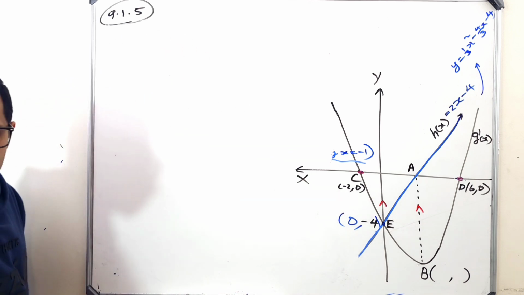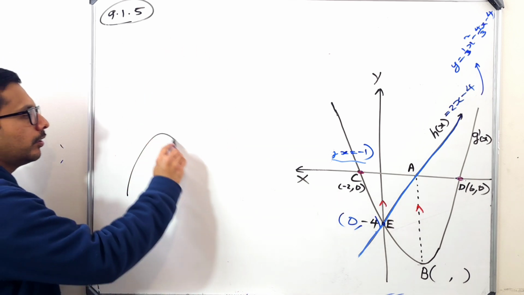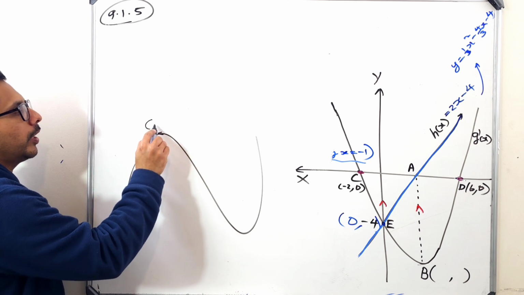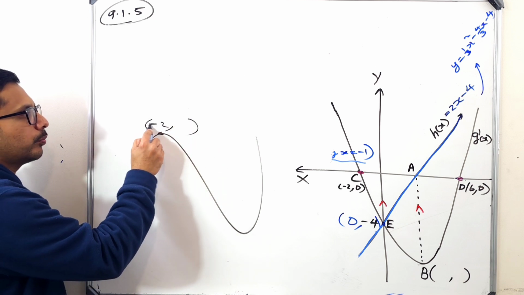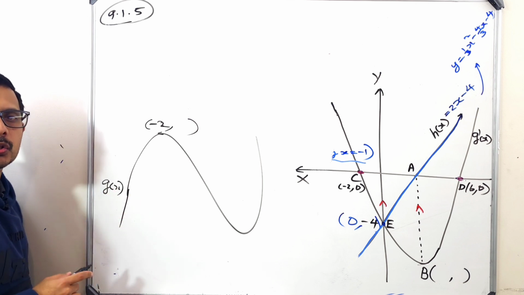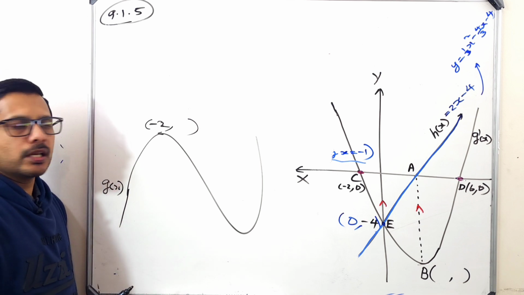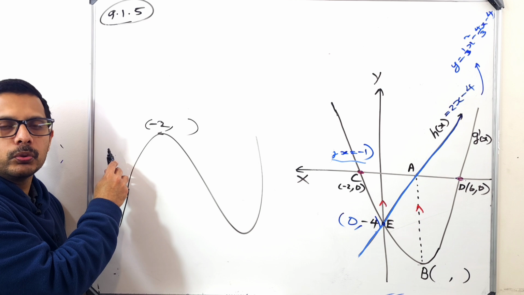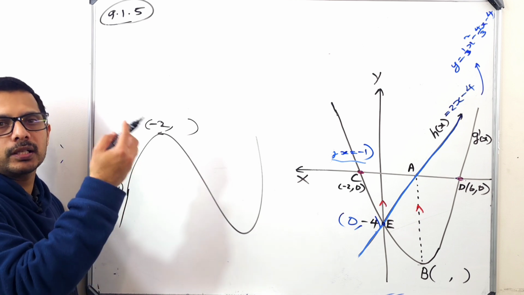There is no need to write all these essays. You can write it like this. You know what you are supposed to prove? You have to prove that x is equal to minus 2 is the maximum point. That is what you want to prove. Am I right? And this is g of x. So you just want to write like this. When x is less than minus 2, g dash of x is greater than 0.